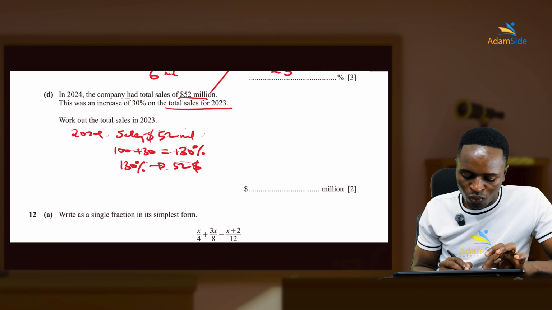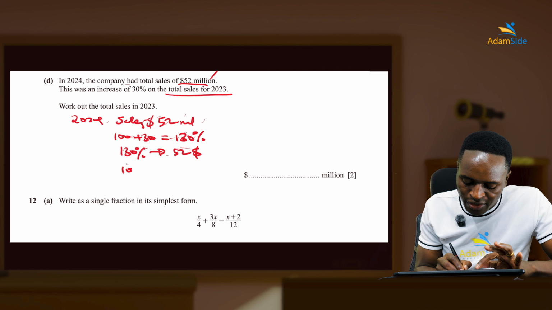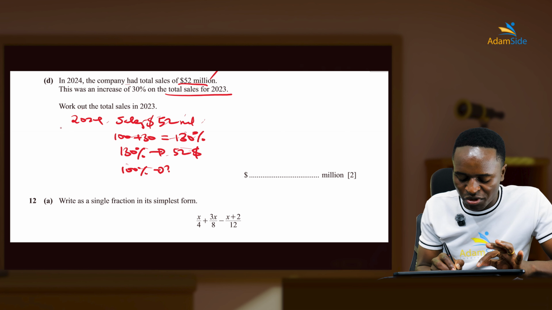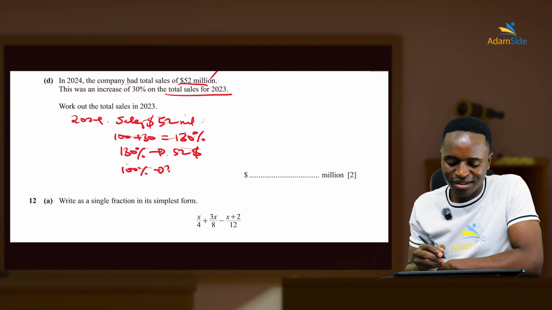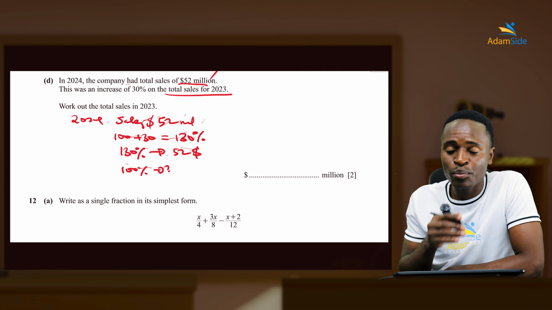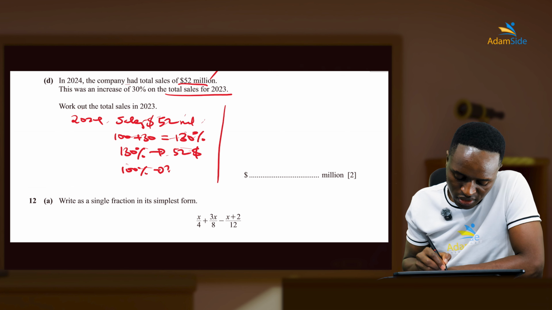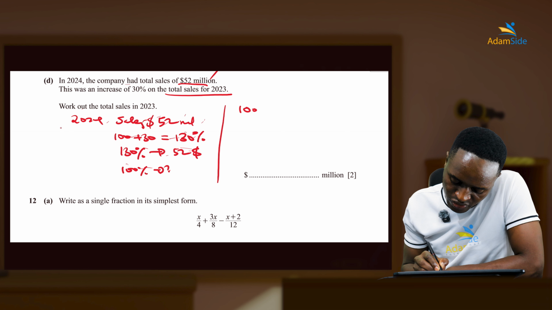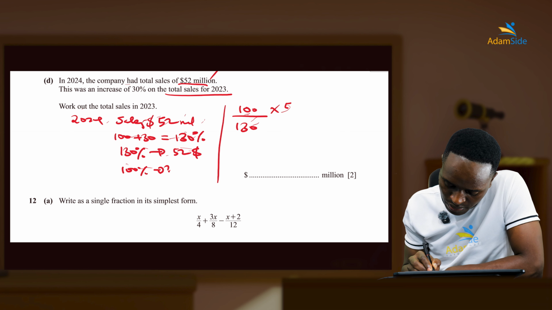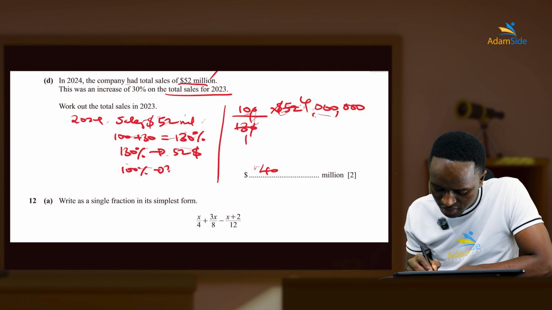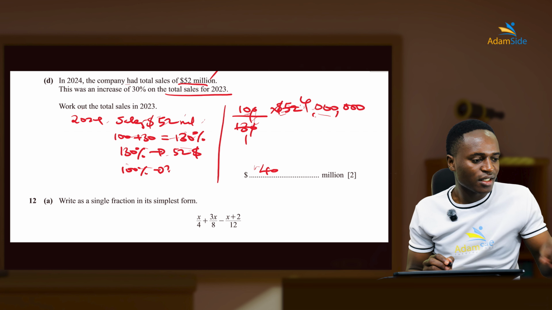Then work out the total sales. The total sales was 100% in 2023 before an increase of 30. It means this is a step going back question. So what do you do in that case? 100 over 130 times $52 million. It's 40 million.